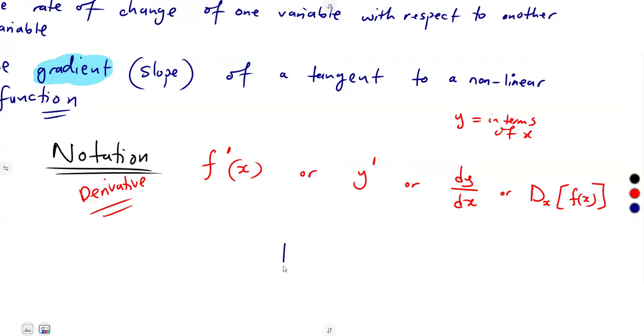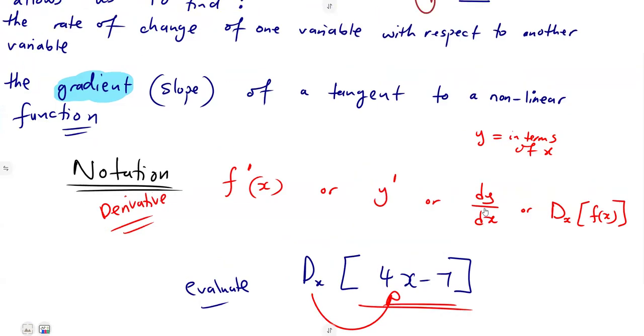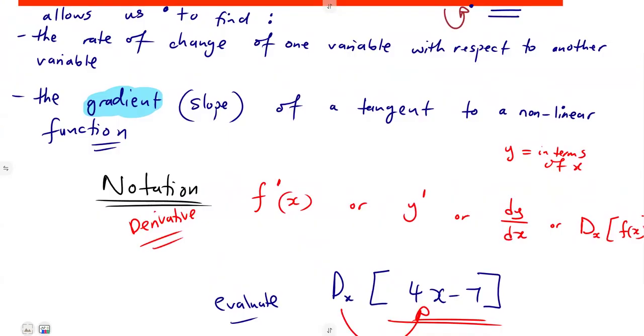You are given d of x and you are given inside 4x minus 7. The question is just simplify or evaluate. Then you're asking yourself, what is it that I'm supposed to evaluate here? It is the derivative of this with respect to x. The derivative with respect to, like we said, the rate of change of one variable with respect to another variable.